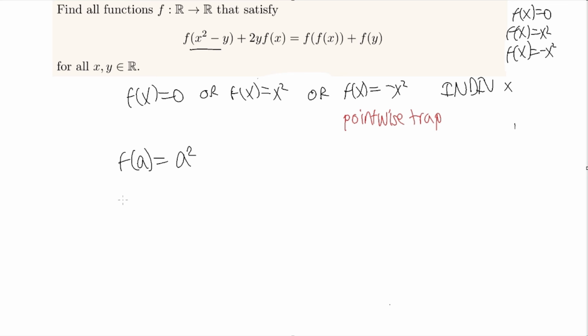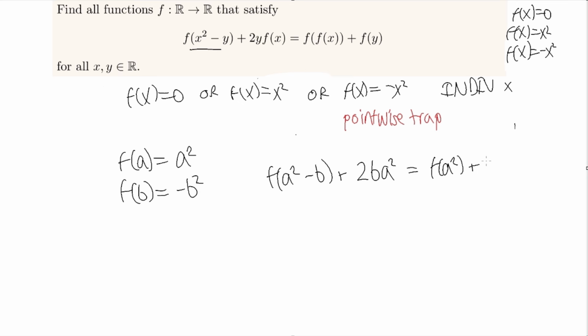is equal to a squared and f of b is equal to negative b squared. Then what we want to do is try plugging in a and b for x and y in our equation. Then what this ends up giving us is f of a squared minus b plus 2 times b f of a, so 2ba squared, is equal to f of x, so that's f of a squared, plus f of y, which is f of b, which is minus b squared.